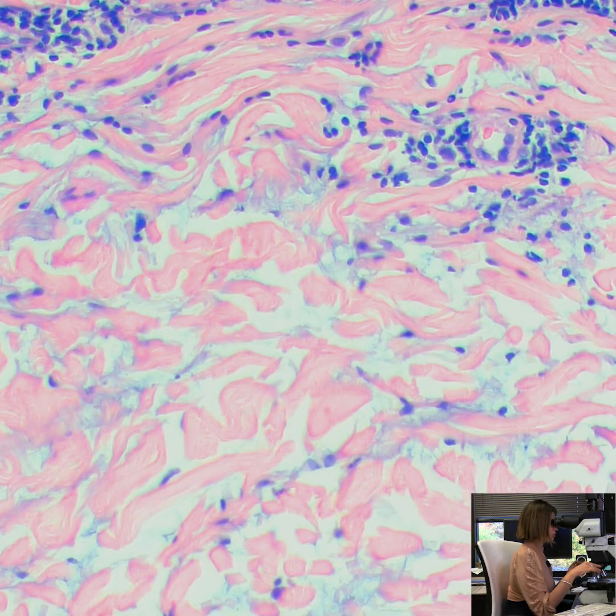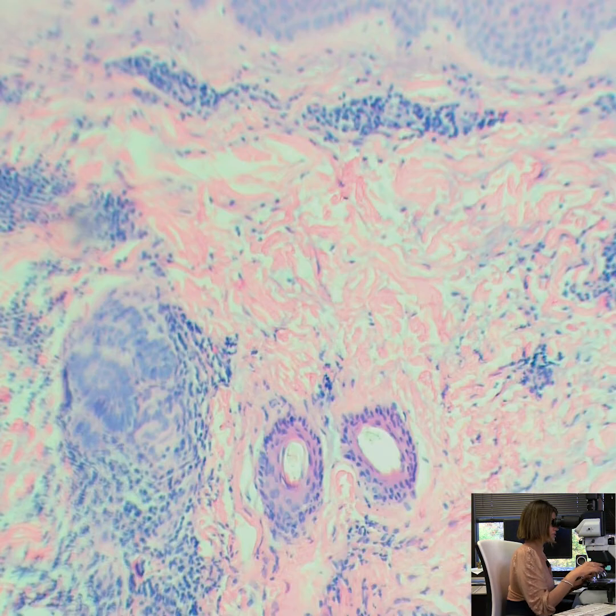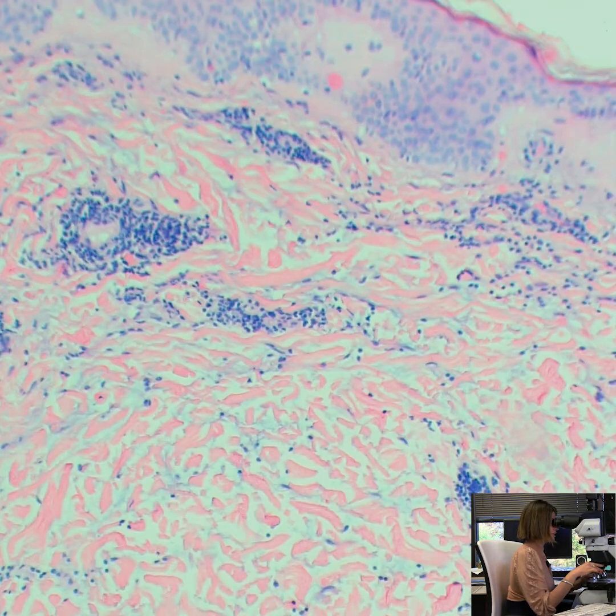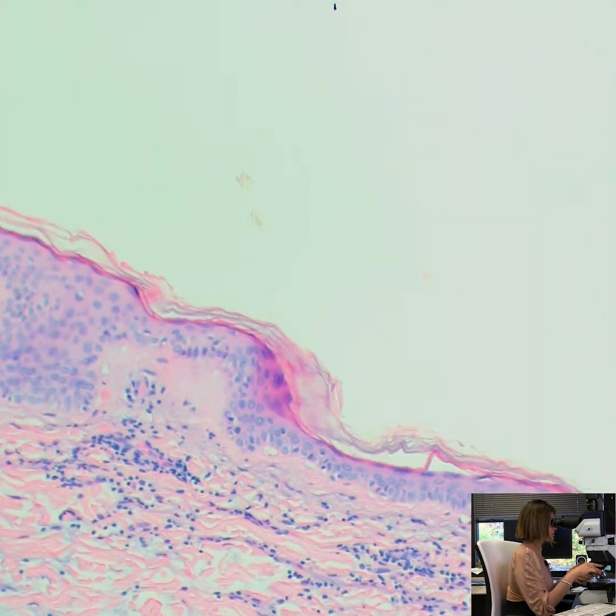Another thing I really want to emphasize before you make a diagnosis of Tumid lupus is that the epidermis in Tumid lupus is completely unaffected. You can see that the overlying epidermis shows no change at all. It's completely normal. You do not see any interface change, and you should not see any interface change.